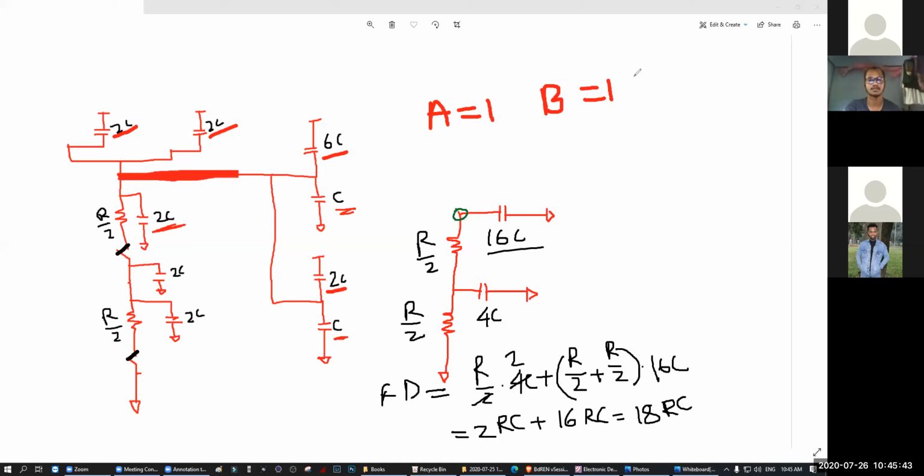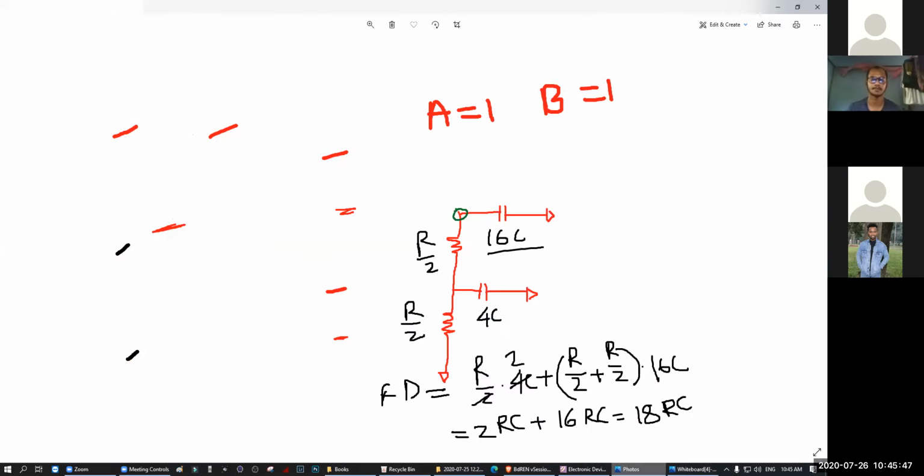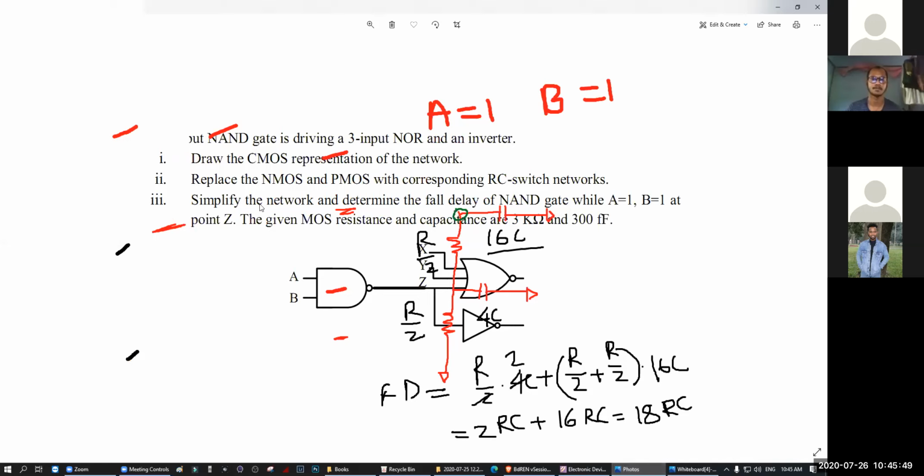In our question, they said simplify the network and determine the fall delay for B equal to 1, A equal to 1 at point Z. The given MOSFET resistance is 3 kilo ohm and capacitance is 300 femtofarad.